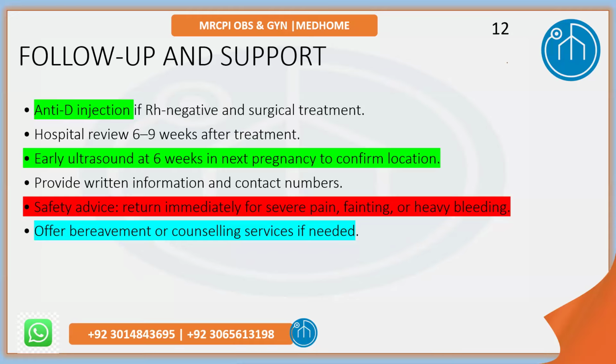Now coming to your management plan. In your case, you have already done the evacuation. Now further you will need a follow up. Before the follow up, I will advise you to do proper contraception, that is the barrier method of contraception, and after that we will do the follow up.